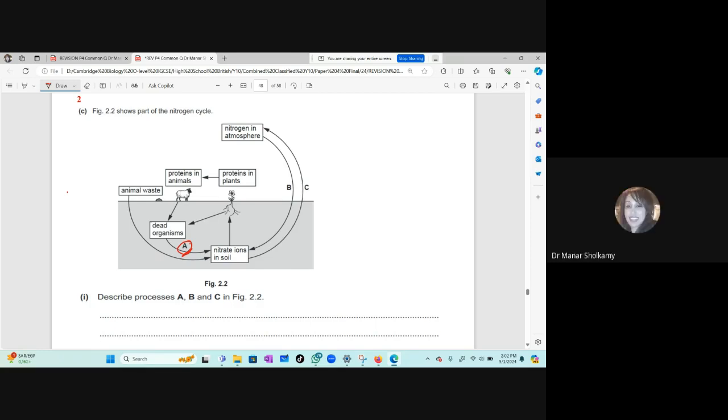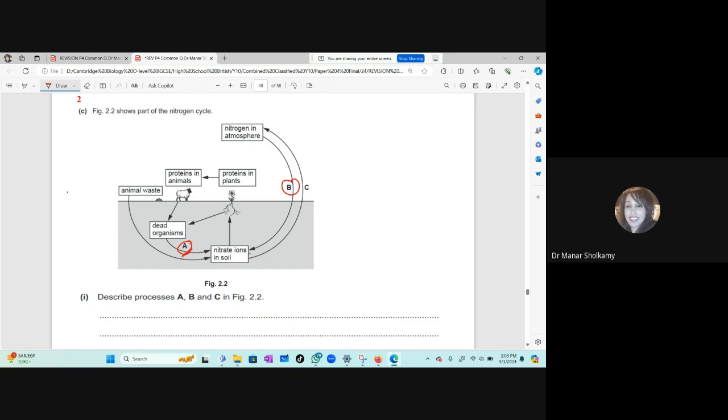This is decomposition. Okay, I will not tell you it's wrong. The materials or dead organic matter are decomposed, and then what do they release? Nitrification? Yes, nitrification. Very good.